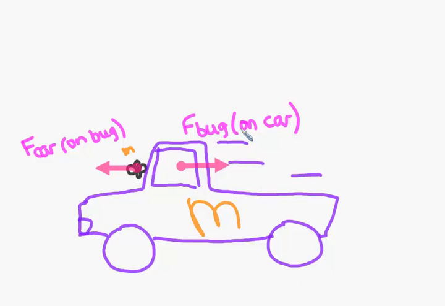So when we're talking about the accelerations of objects, for example, the acceleration of the truck equals the force of the bug divided by the mass of the truck. And that's going to make a small acceleration, because the mass is huge compared to the force.